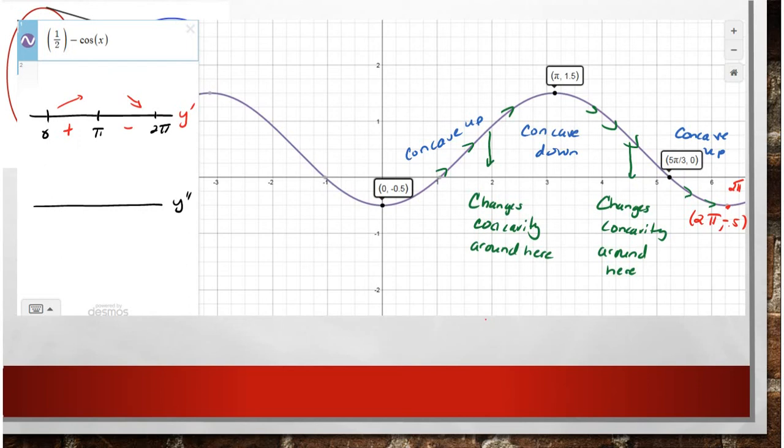And right in between that point is where the concavity goes from concave up to concave down, right here. Concave up, a bucket that holds water, and all of a sudden that's a bucket that doesn't hold water. And I think it makes a switcheroo right there. And right over here, it looks like it makes a switcheroo again. So my guess is that that's pi over 2 and 3 pi over 2. Because aren't those important points on your unit circle?